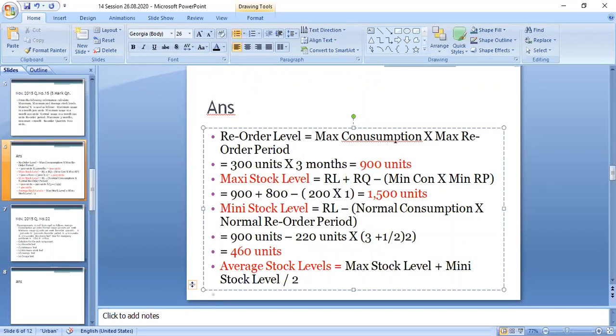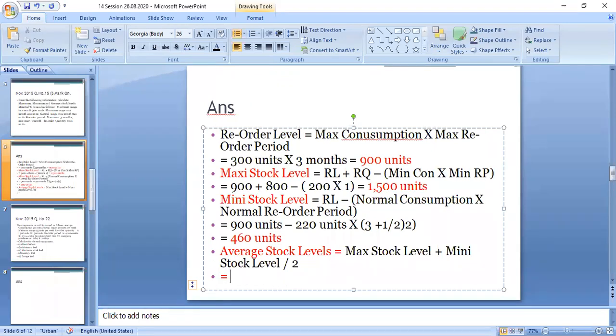So the maximum stock level that is calculated already, 1500 units, plus minimum stock level, that's also calculated, 460 units, divided by 2. The answer will be 1500 plus 460, 1960, divided by 2, the answer is 980 units. So 980 units is the average stock level.